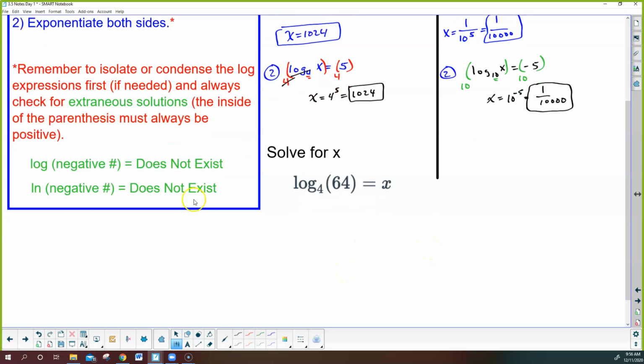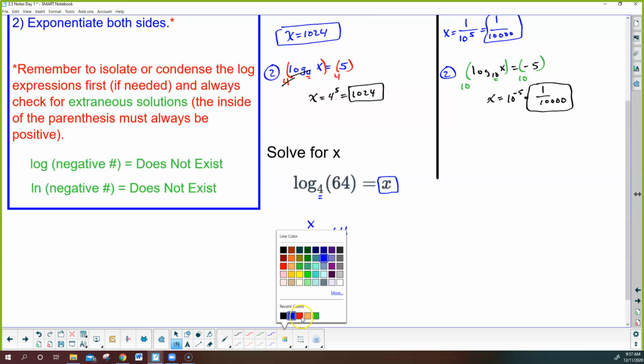So what we need to do, and I think this is the only case where method one really helps us, is the change of form. We're going to go from log form to exponential. So 4 to the x is equal to 64. Then you have a couple options.